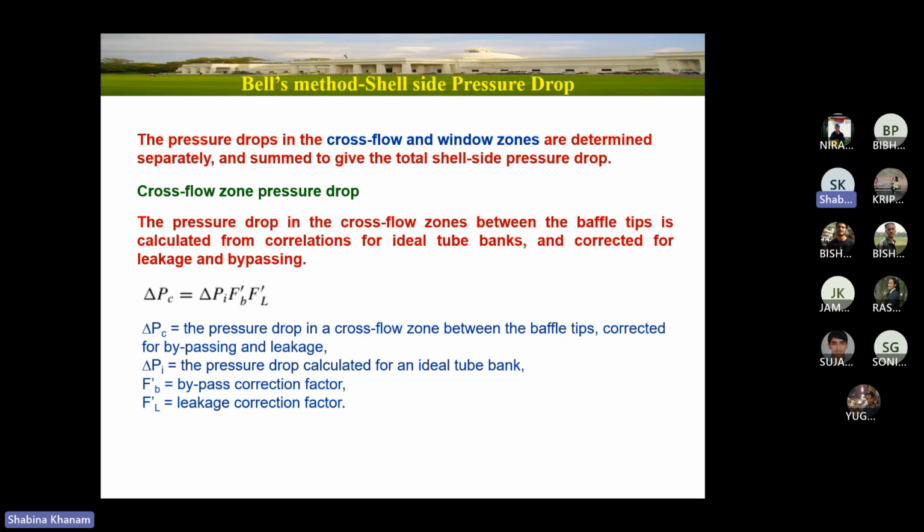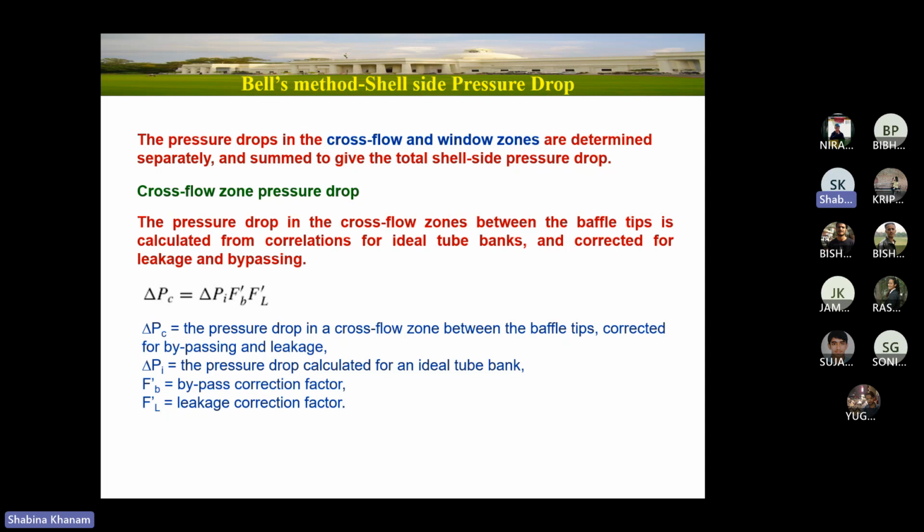Though the sealing strip is not in the cross flow zone stream, whatever fluid is available in the clearance where sealing strips are available, those strips will direct the fluid towards cross flow.